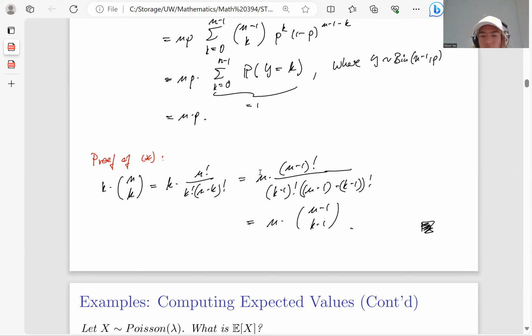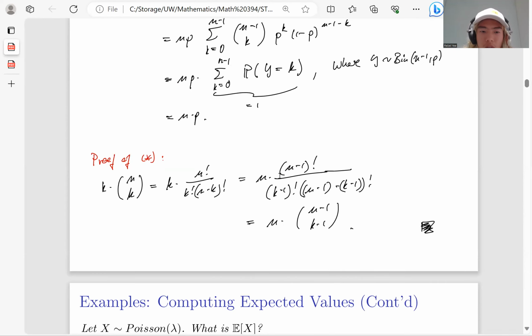And this formula, if you look, is very familiar: it is equal to n times the combination of n minus 1 choose k minus 1.